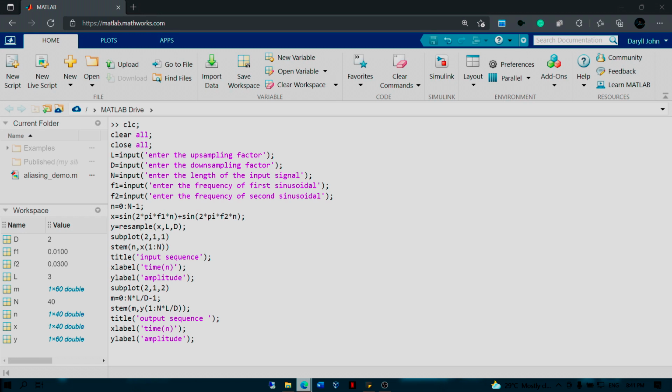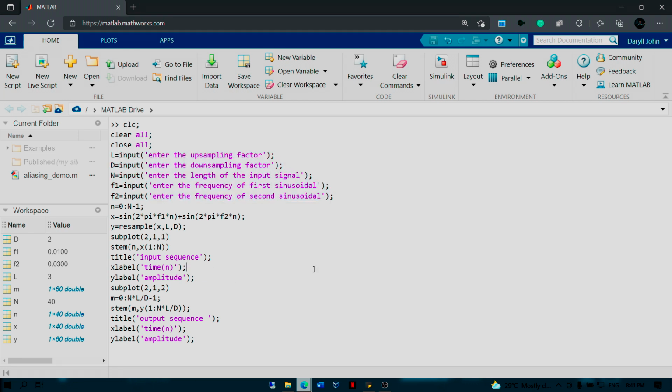As we can see on our block of code here, we have the chance to input our variables, which are the upsampling factor, the downsampling factor, the length of the input signal, and the frequency of the first and the second sinusoidal.